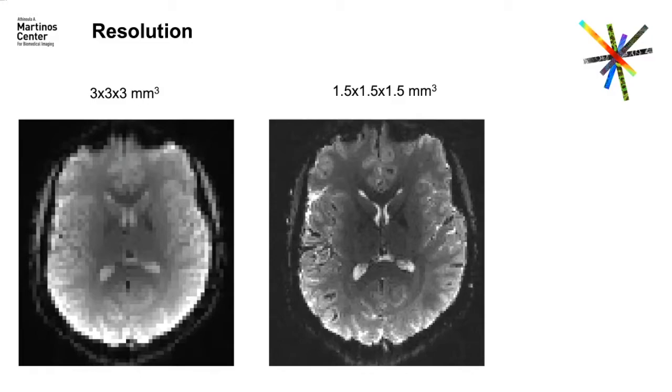And as I mentioned, nowadays we can even go to less than 1mm. So that will be at the level that we can even separate some areas within gray matter.